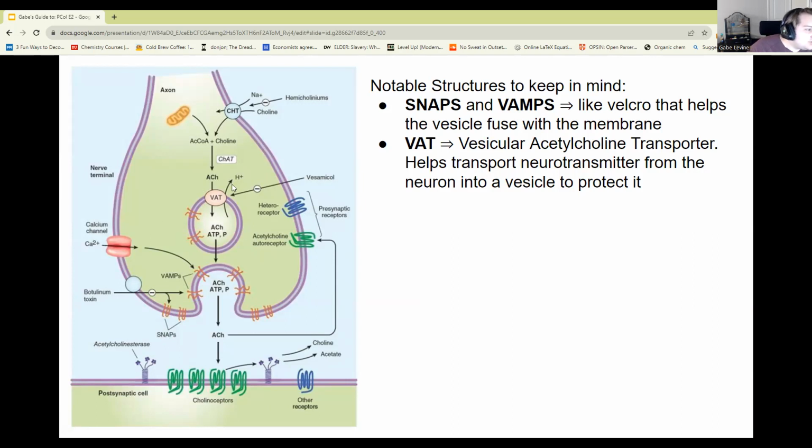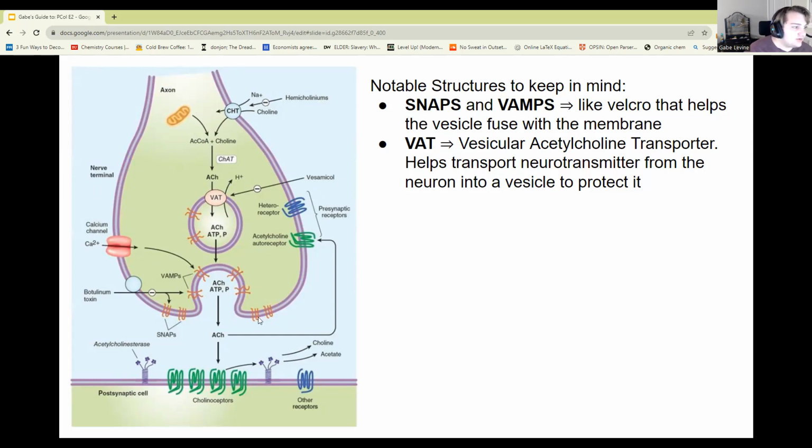The other important structure to remember is vesicular acetylcholine transporter. And when we talk about acetylcholine transporters, this is different than the catecholamine transporter when we talk about drugs like tyrosine, metyrosine, or droxidopa, stuff like that. So just know that we have two different kinds of neurons.